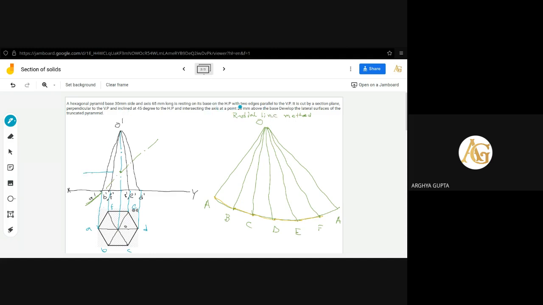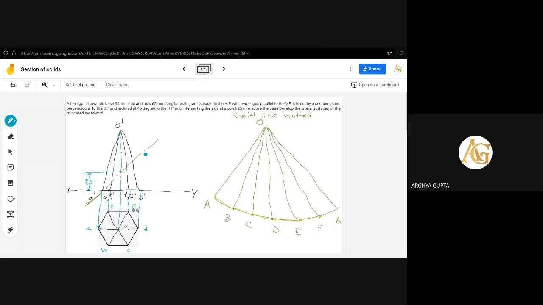25 mm above. Okay. Then through that point, on the axis obviously, you have to take a point 25 mm above. Then through that point, draw a 45-degree inclined line, as it is given that it is inclined at 45 degree to the HP. So the HP means the angle will be seen in the VP.